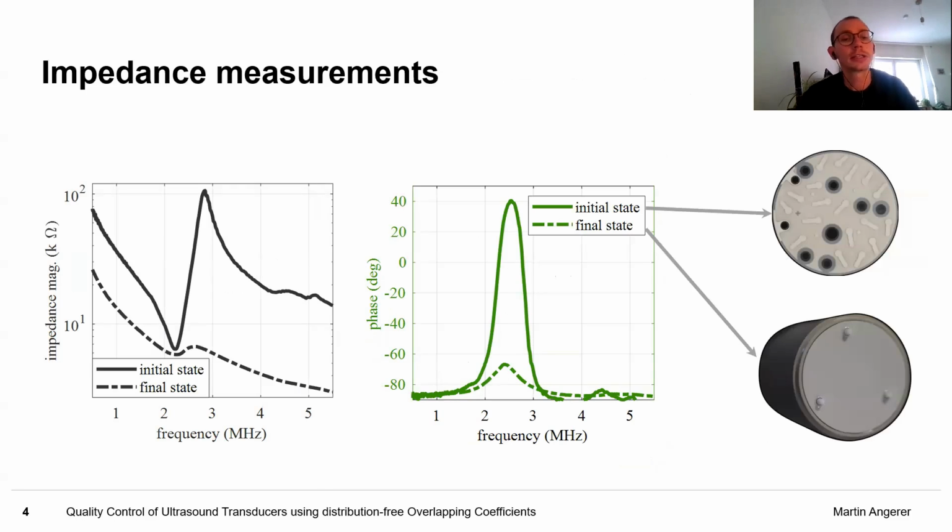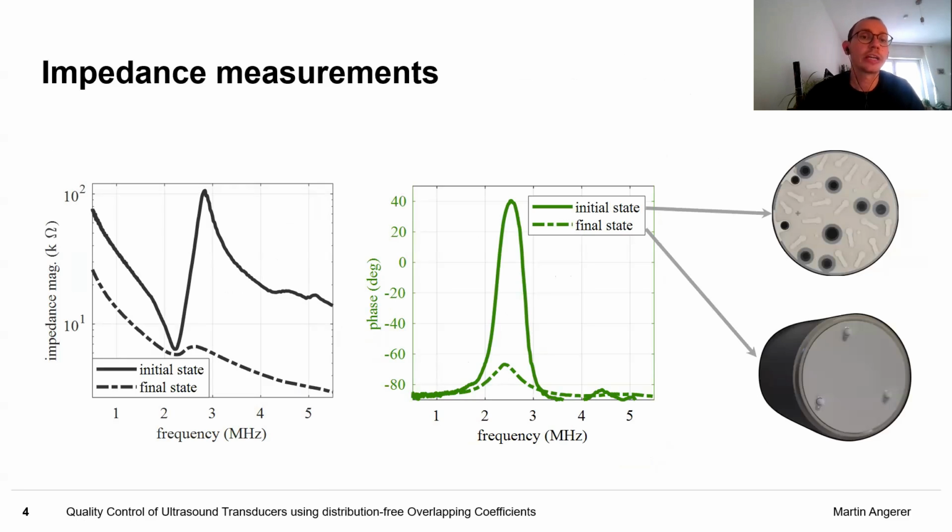Here you see, as an example, one transducer in two different fabrication states, the initial state and the final state, and as can be seen, not only for the impedance magnitude but also for the phase, significant changes from the beginning to the end of the fabrication process can be spotted.